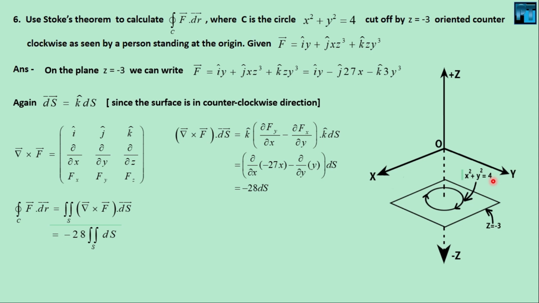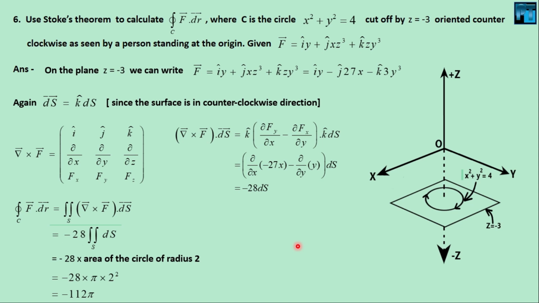Pi r square, where r equals 2, pi into 2 square, 4 pi. That's it. Minus 28 into the area of the circle of radius 2. Minus 28 into 4 pi. So minus 112 pi. Very easy. Very easy.